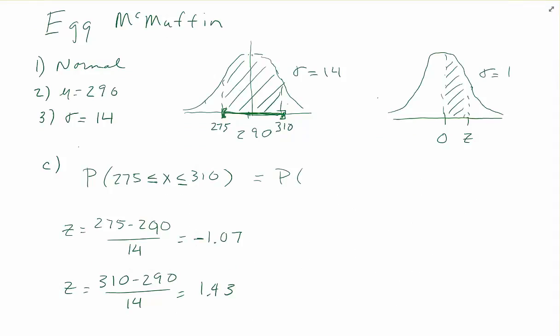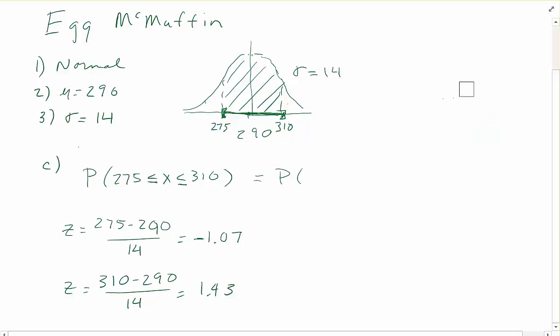So going back here, let's just go ahead and recreate the standard normal here for this one. We've got 0 here in the center, and we've got a negative 1.07 and up to a 1.43, in standard units. Standard normal table is in terms of standard deviation units, or z values.